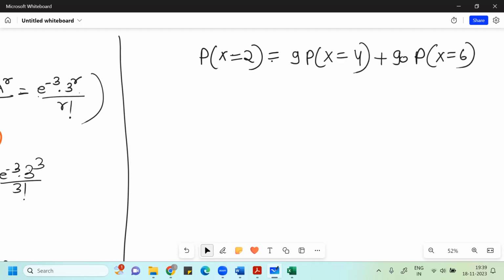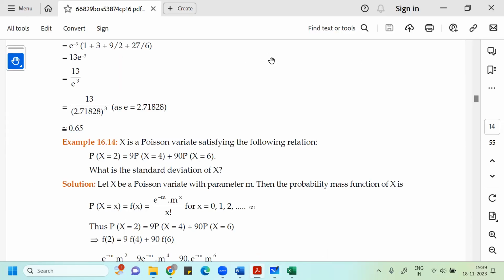This is what is given to us. Okay, what is the standard deviation they're asking? So if I find the mean, the square root of the mean would be the standard deviation, because mean and variance are the same.